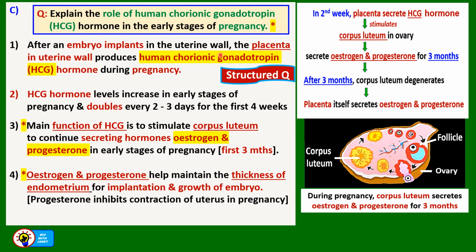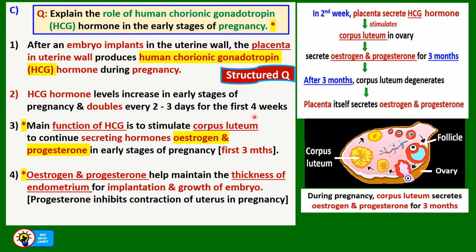After an embryo implants in the uterine wall during pregnancy, the placenta will develop, once the embryo or blastocyst implants in the wall of the uterus. Now, the placenta will start producing human chorionic gonadotropin or HCG hormone during the pregnancy. So, the HCG hormone levels increase very quickly in the early stages of pregnancy.